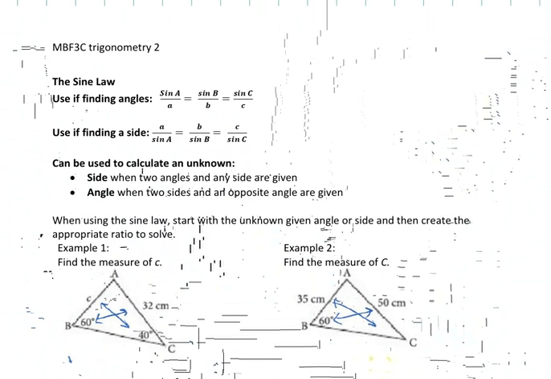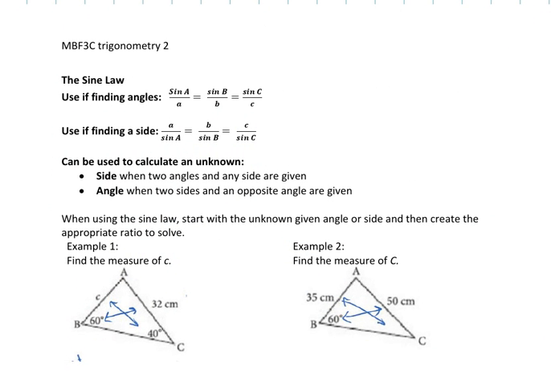So anytime you're finding an angle, you're going to use this formula up here, because then it's easier for you to solve. Okay? And because in this case your angle is on the top. Remember the capital letters A, B, and C represent the angles.